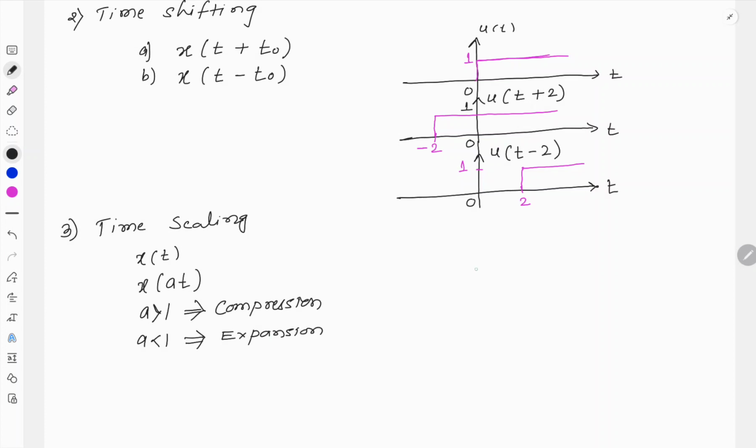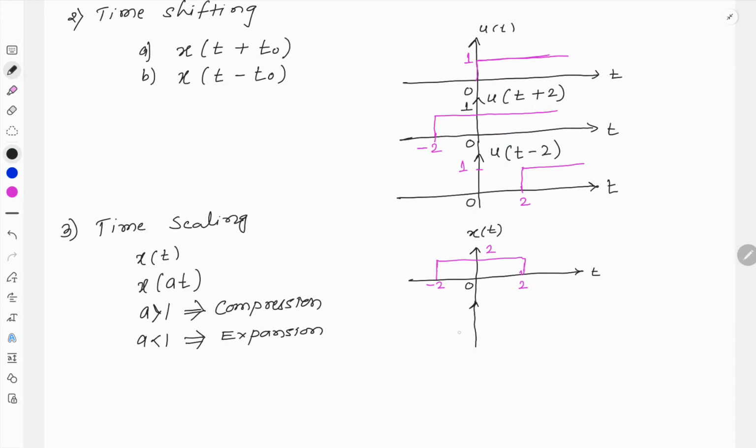So let us take an example here. To understand it in a better way, let's say we have a rectangular signal. Let's say this rectangular signal is starting from -2, ending at +2 with amplitude, let's say 2. This is our x of t signal.